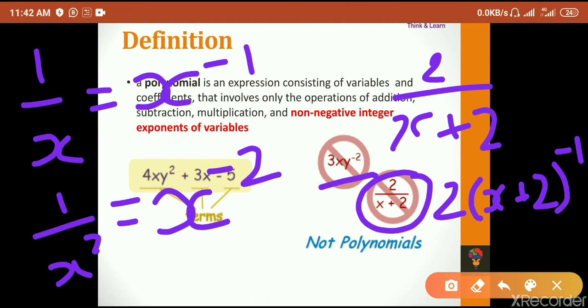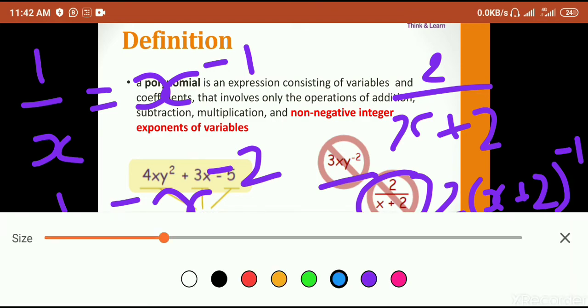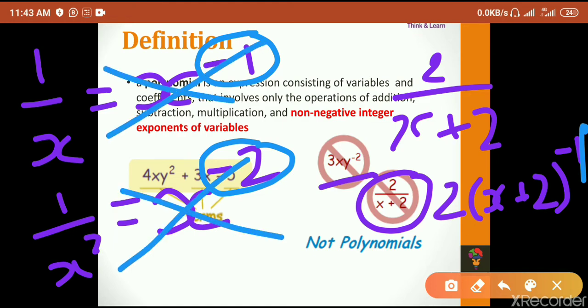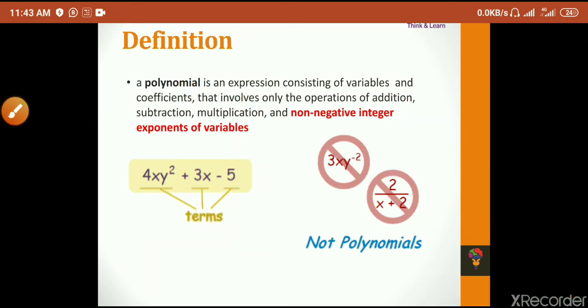Now you can see here the power is minus 1, minus 2, here also minus 1, which is not acceptable. Hence they are not polynomials. It's very important to understand that the power or exponent of a variable must be a whole number. I will discuss a few examples in the next part, so it will become more clear.